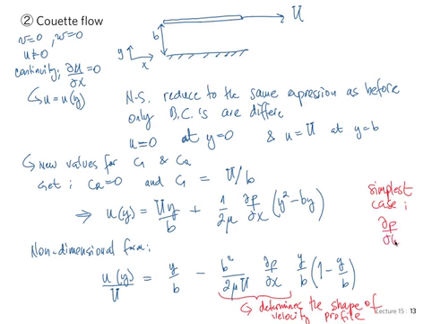And in this case, note that even when dp/dx is equal to 0, there is a flow. All of this term is going to be 0, but you still have a linear relationship. For that case, the velocity varies linearly with y. This simplest case results in u over capital U is equal to y over b.